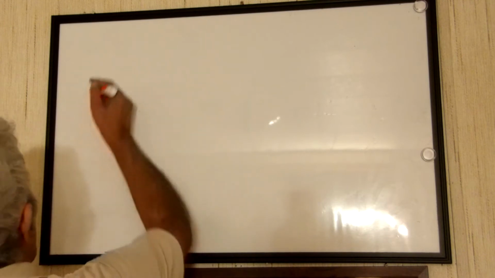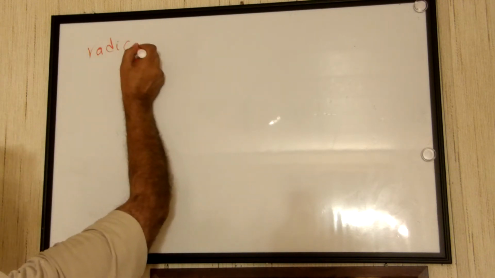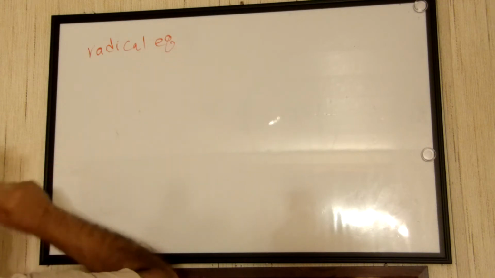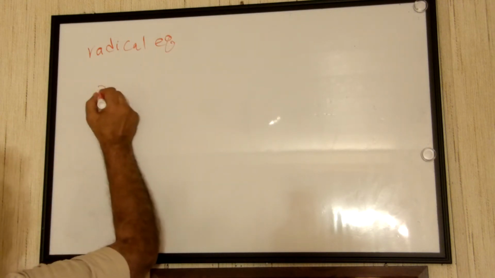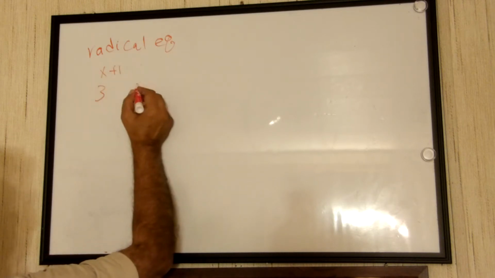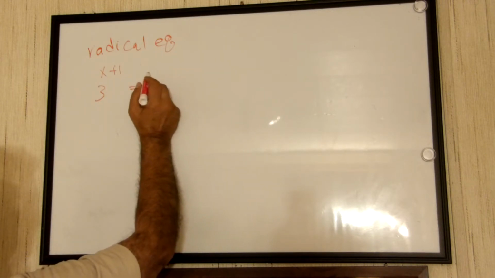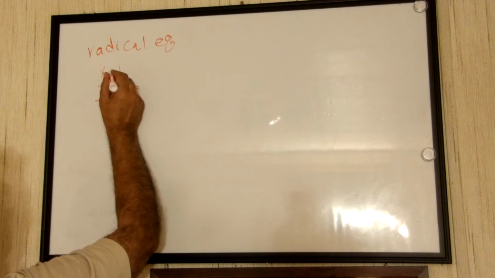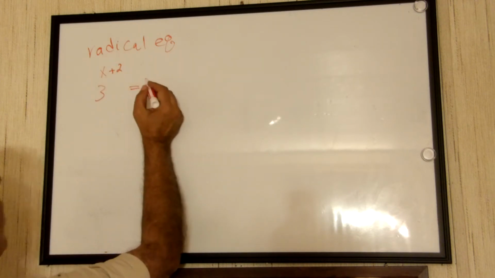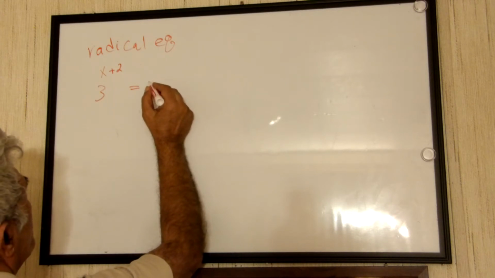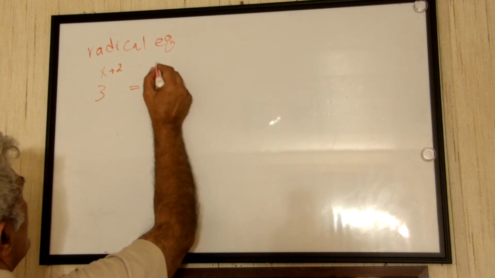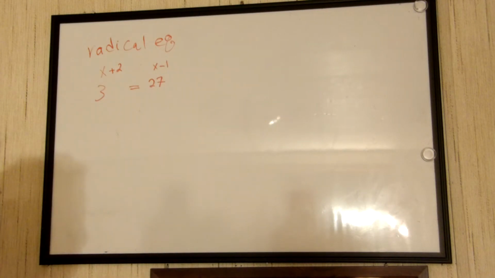For example, say 3 to the power x plus 1 is equal to 27 to the power x minus 1. We have to find the value of x.